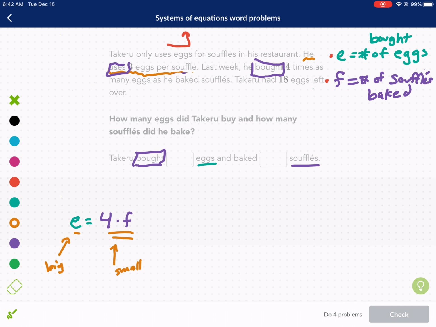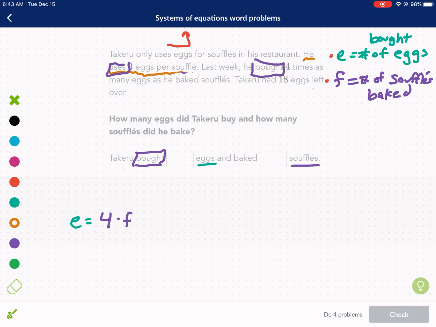And why is it the smaller number? Because you have to multiply it by 4 to equal the bigger number. We buy more eggs than we have souffles. So the E needs to be a bigger number. That means that we have to multiply the number of souffles by 4 to equal the number of eggs. Kind of counterintuitive. The more you do these types of problems, the more you grow accustomed to setting up problems this way. But I'm going to be honest, it is a little weird.